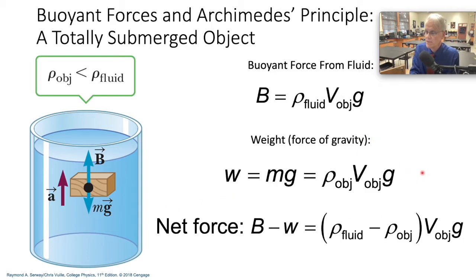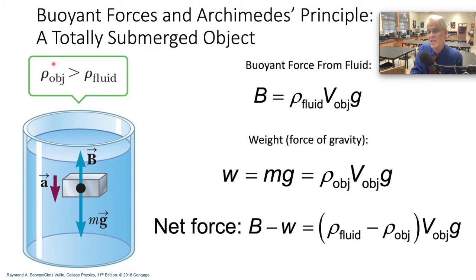We do some substitution and take the difference between the two densities, multiplied by the volume, since they both have the same volume, times g. And in this case, our acceleration is going to be up. This object eventually is going to reach the surface and float.